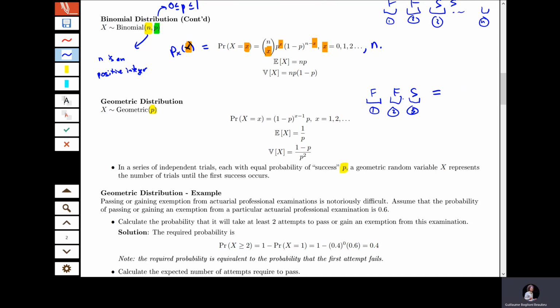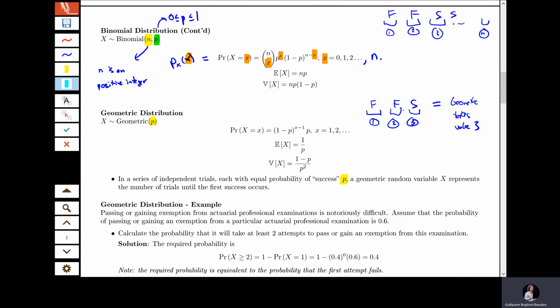So then again, you can find the probability mass function, and it's not too hard. The probability to get exactly x trials, well, you need to get first x minus 1 failures. Here, the first 2 in this case are failures, and then you get your success. And this has probability exactly this expression, 1 minus p to the power x minus 1 times p.